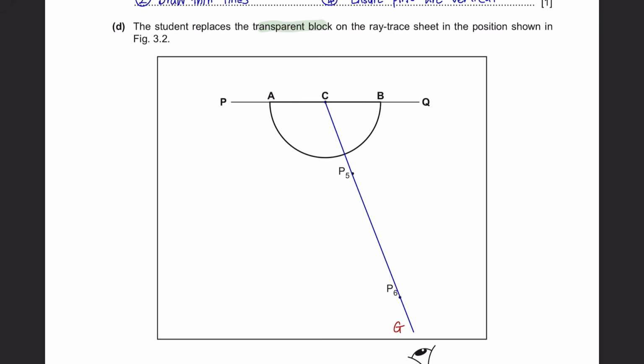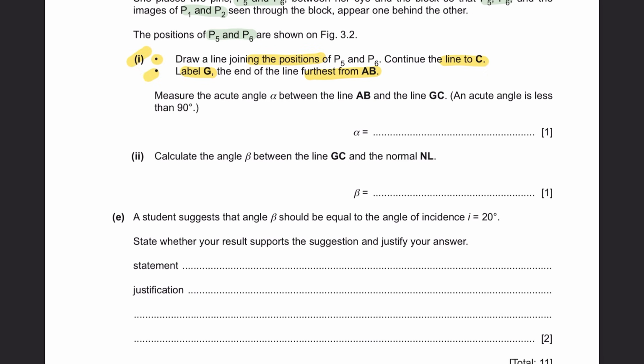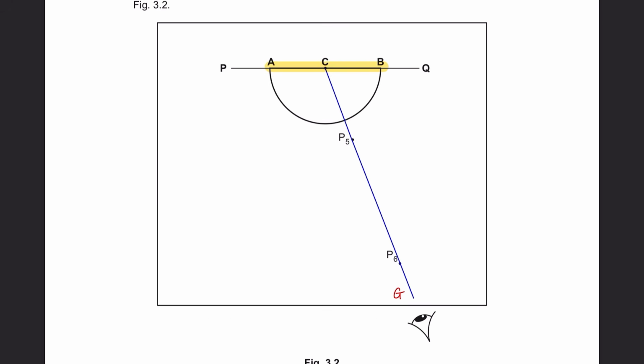Though it may sound complicated, always follow the bullet points step by step and you will be able to answer all the questions correctly. Measure the acute angle alpha between the line AB and the line GC. This is your line AB and this is line GC.